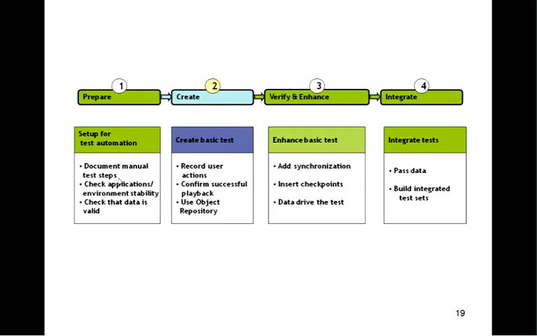And whether the data given to us to test the application is correct or not. To do automation testing, we need to have valid data. In the create section, we are going to record the user actions, and we will play back those user actions to confirm whether it is working fine or not.